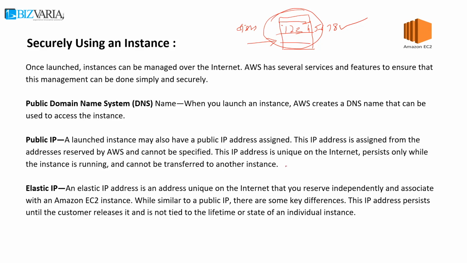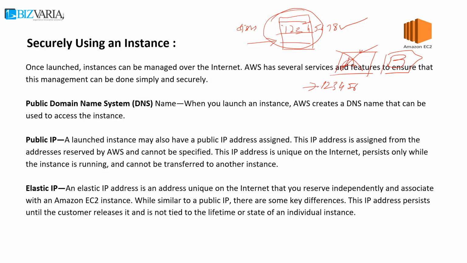So elastic IP address is you reserving the IP address for your system so that you can use it as long as you want. But if at some point you don't want this, you can release this IP address. For example, this is machine A, this is machine B, right? So you got one reserved IP address, 1, 2, 3, 4, 5, 6, for machine A, and then you say, okay, no, I don't need this machine anymore.